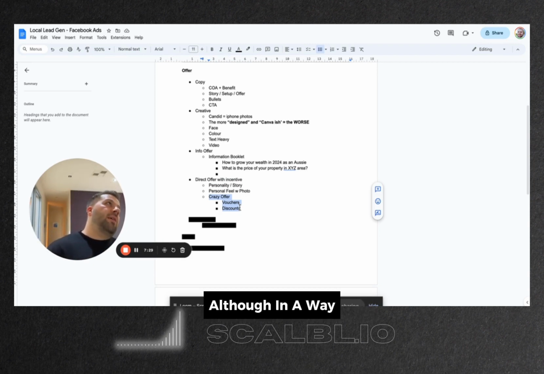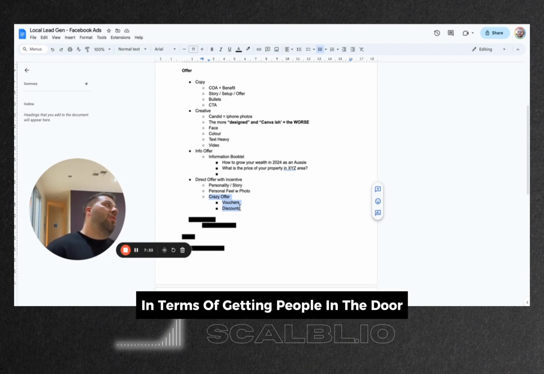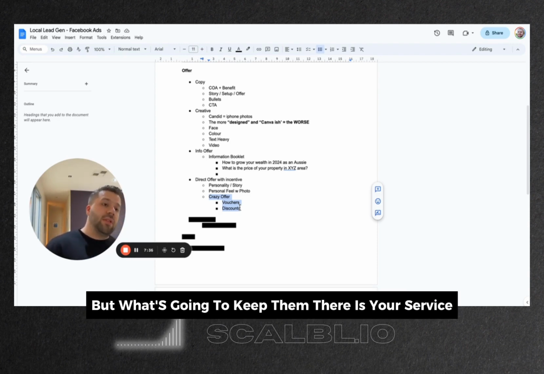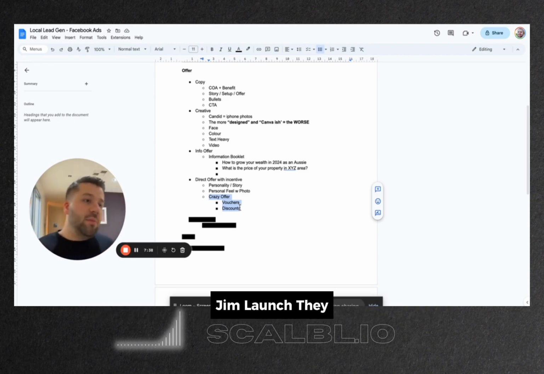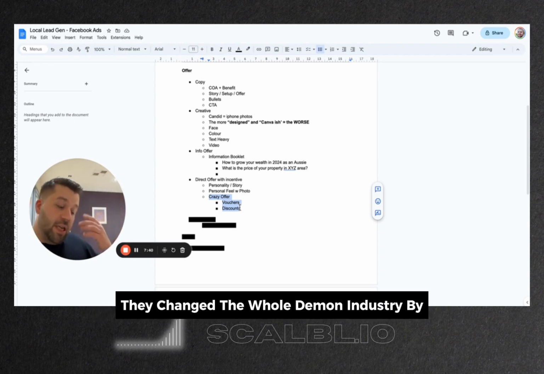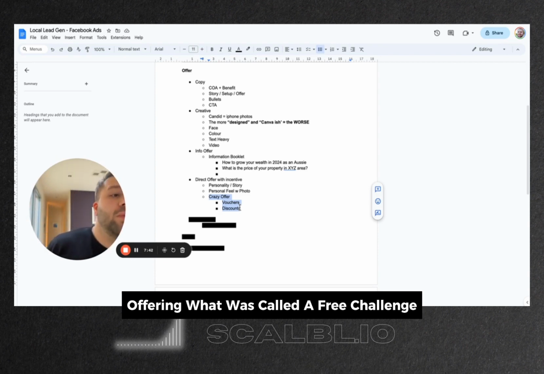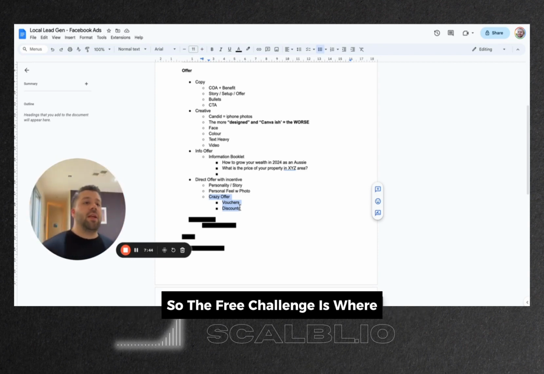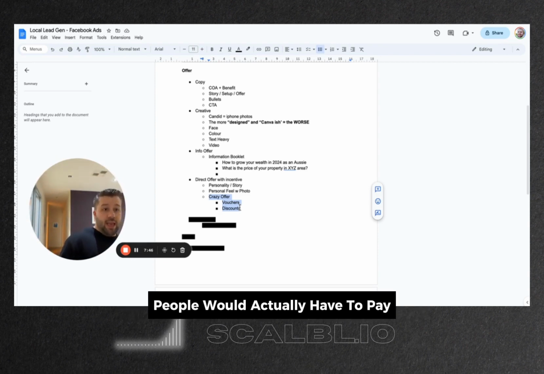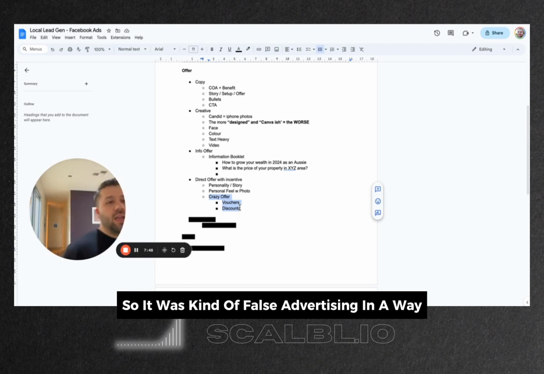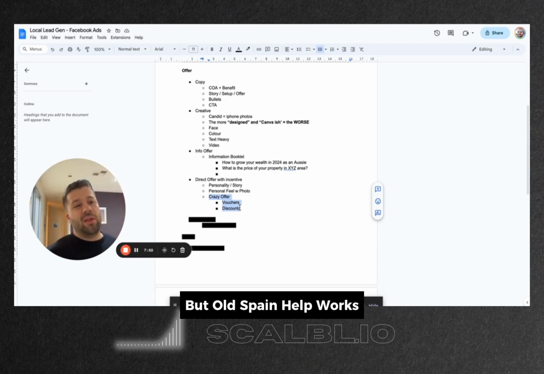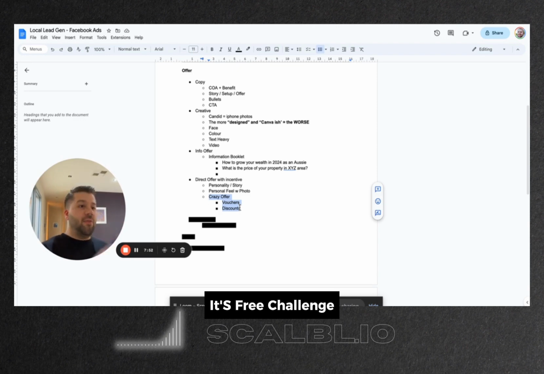Although in a way, the offer does make sense in terms of getting people in the door, but what's going to keep them there is your service. But, for instance, Gym Launch, they changed the whole gym industry by offering what was called a free challenge. So the free challenge was where people would actually have to pay. So it was kind of false advertising in a way, but I'll explain how it works. So they said, hey, it's a free challenge.